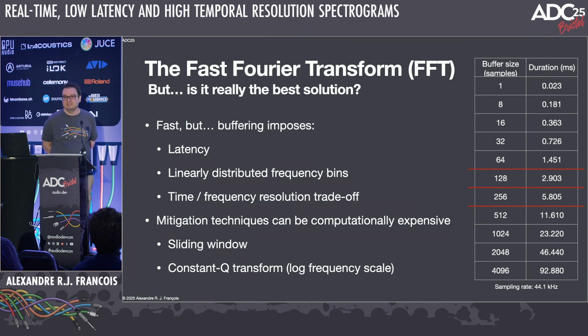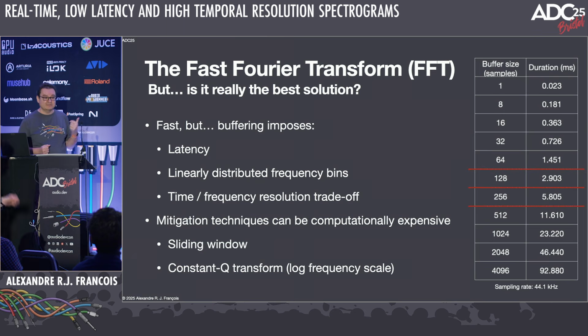Spoiler alert, maybe not. It's the FFT, so it's great, it's fast, it's wonderful, it gives you your discrete Fourier transform really, really quickly. But for this particular application, it doesn't give you what you want in the first place. It gives you linear frequency bins.